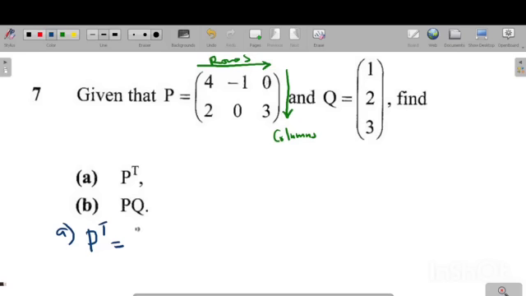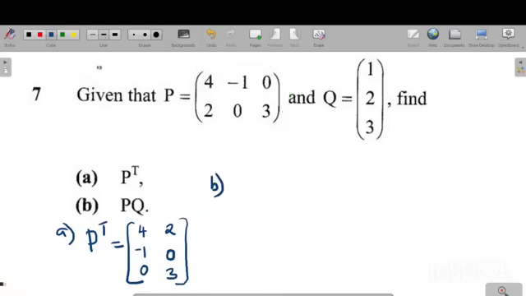So you're going to have 4, negative 1, 0. Okay, so you can see that we have changed this row. It has become a vertical arrangement of numbers, which is a column. You also do the same with this. So we have 2, 0, 3. Right, so this is the transpose of this matrix.